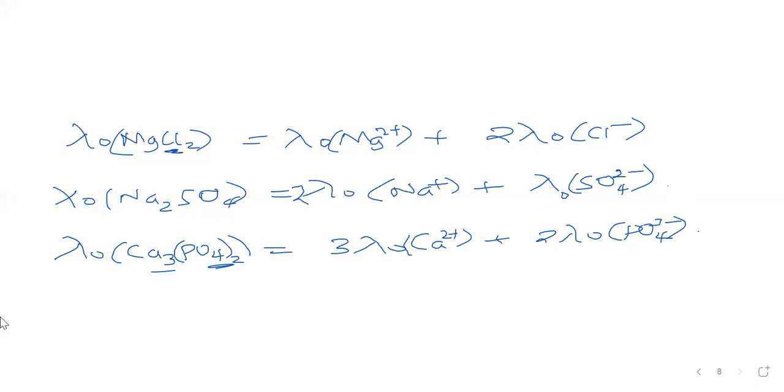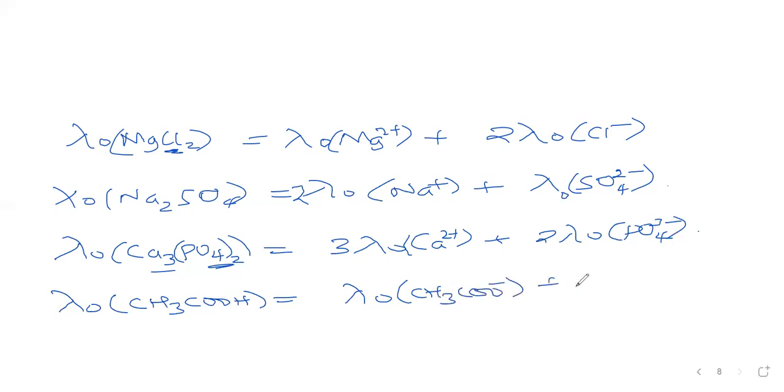If I want the molar conductivity at infinite dilution of ethanoic acid, it will be molar conductivity at infinite dilution of the ethanoate ion plus molar conductivity at infinite dilution of the hydrogen ion. So briefly, that is Kohlrausch's law.